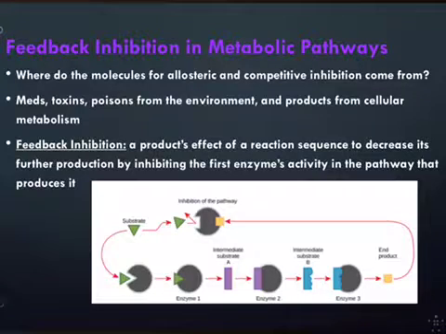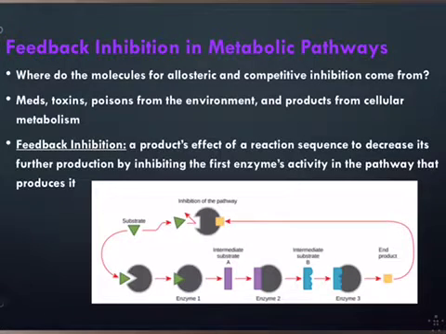Sometimes products from your cellular metabolism will actually be an inhibitor to the reaction overall. This is called feedback inhibition. So, if you follow the picture, start with your substrate.